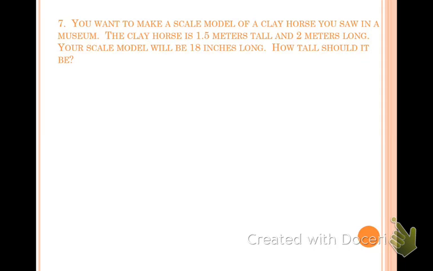Well, the length, the actual clay horse is 2 meters long, and you're going to make your model 18 inches long. So I'm going to write a ratio that compares the 2 meters to the 18 inches of the model. That's length to length. It's also clay horse length in the numerator and model length in the denominator.